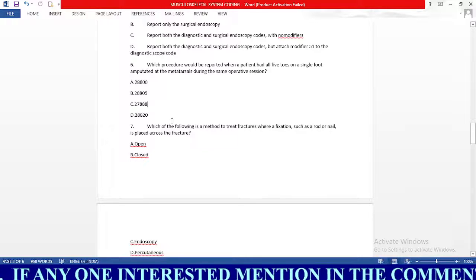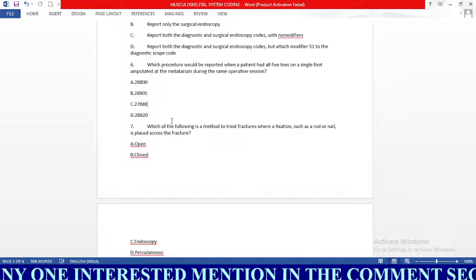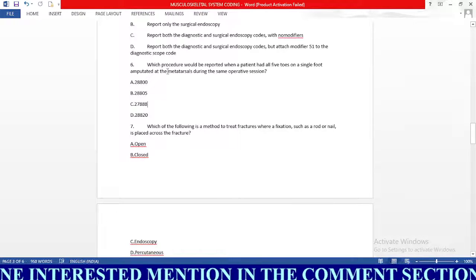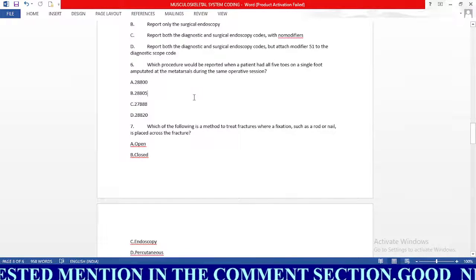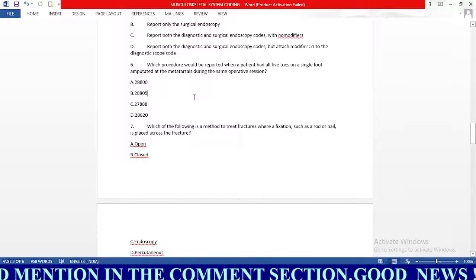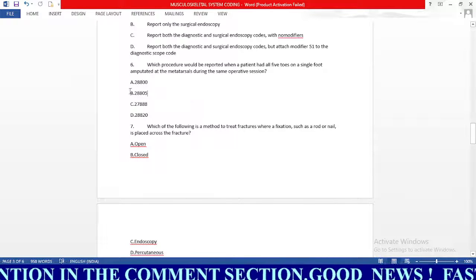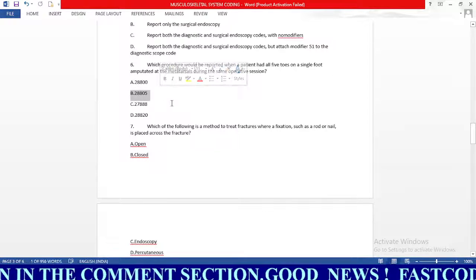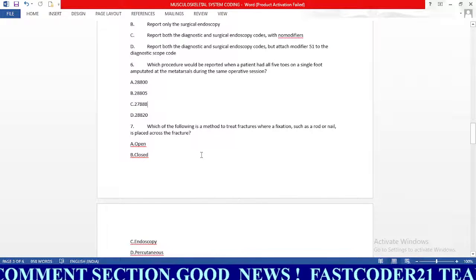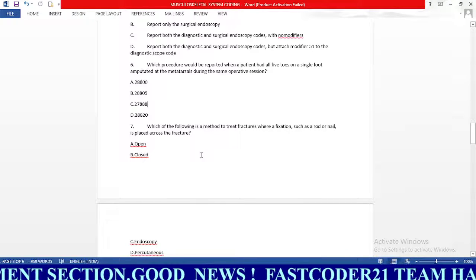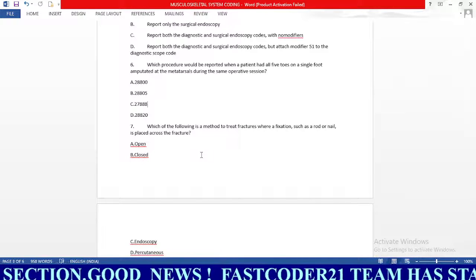Amputation at the metatarsophalangeal joint. But based on our operative report, the amputation is only at the metatarsal, not at the metatarsophalangeal joint. So our answer is 28805, which is B. Most of the coders wrote the correct answer.